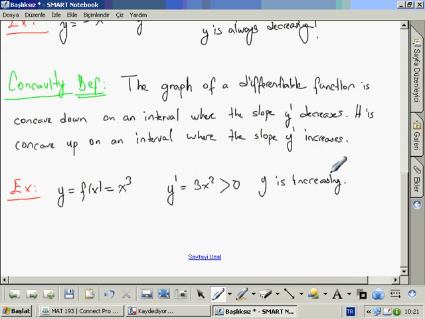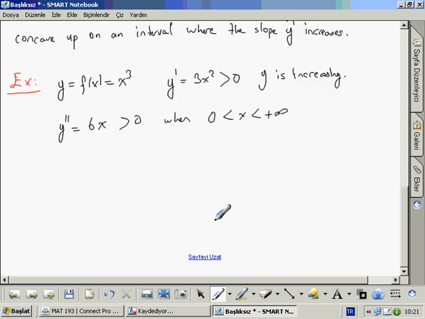And we know that y double prime equals 6x, and it is larger than 0 when 0 is less than x less than plus infinity, and 6x is less than 0 when minus infinity is less than x less than 0.